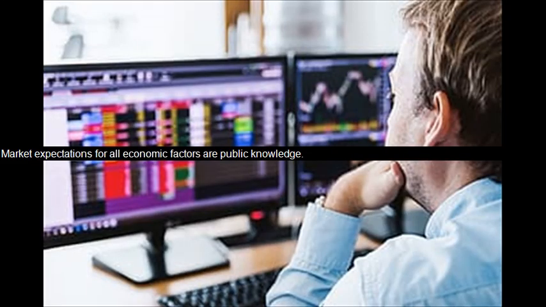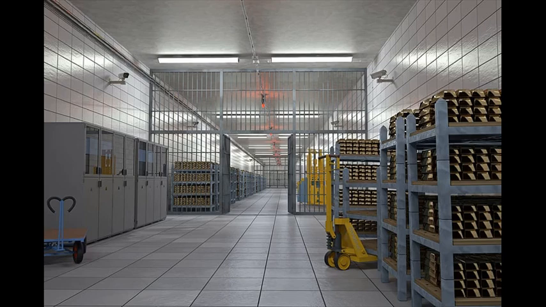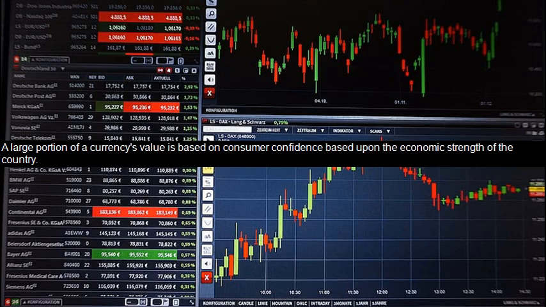Market expectations for all economic factors are public knowledge. A large portion of a currency's value is based on consumer confidence based upon the economic strength of the country.